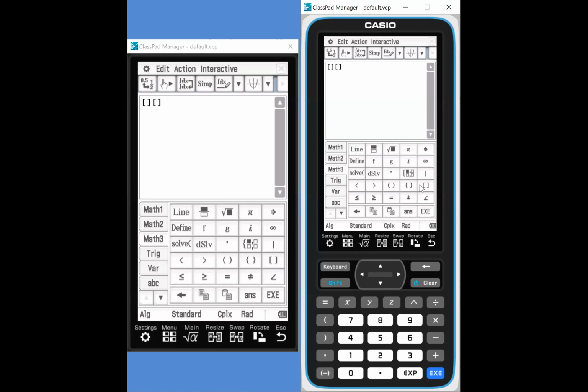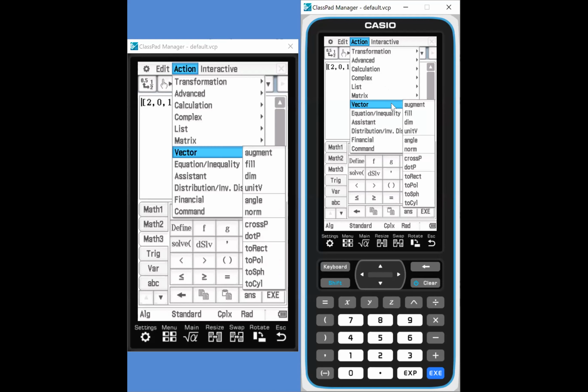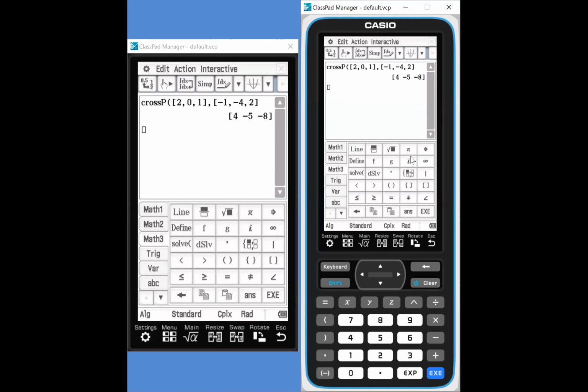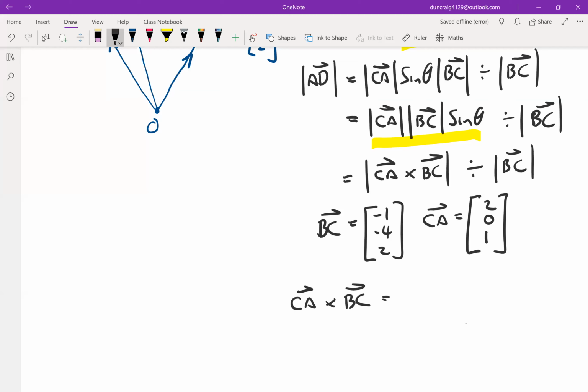So what have we got? We've got CA 2, 0, 1. And for the other one, we've got -1, -4, 2. And what I want to do is the cross product. So I'm going to go Action, Vector, crossP. There we go. So we've got -4, -5, 8. So I'm going to come back over here and write that in. So we've got here -4, 5, 8.